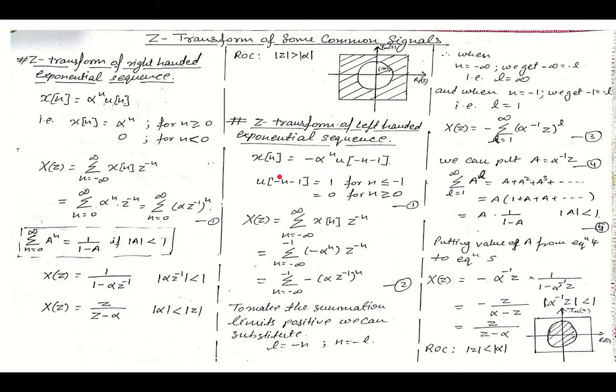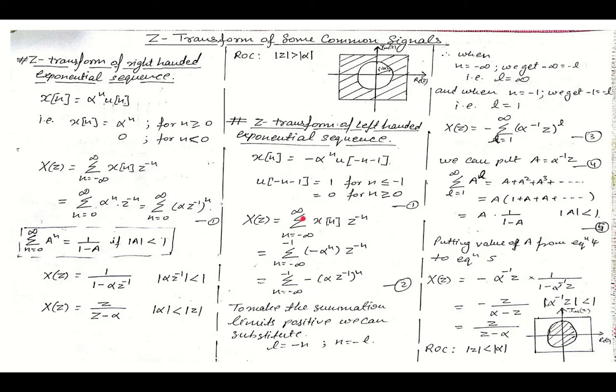Now this value of u[minus n minus 1] will be equal to 1 for the values of n less than or equal to minus 1, and it will be 0 for n greater than or equal to 0.